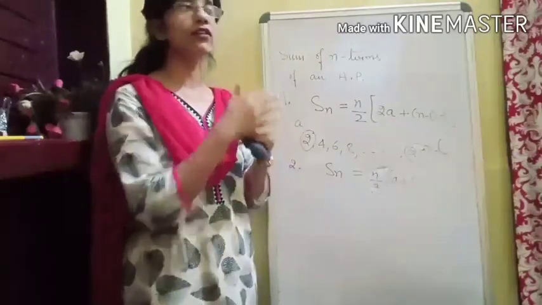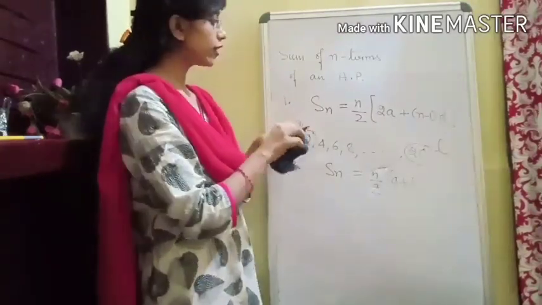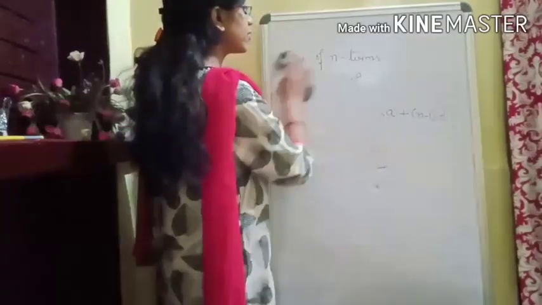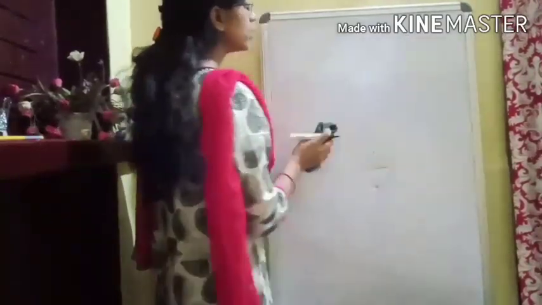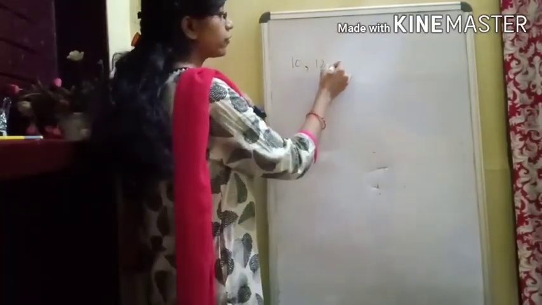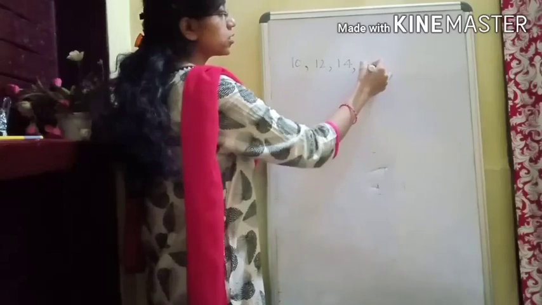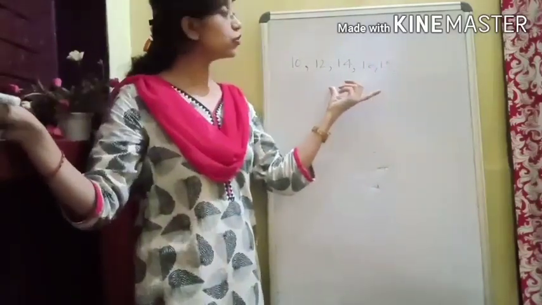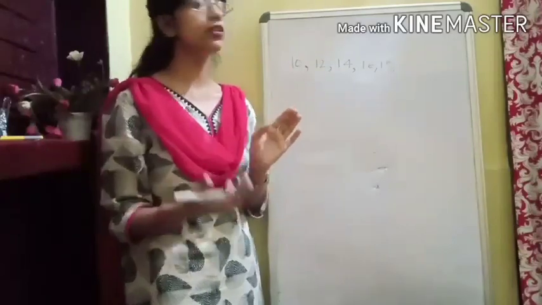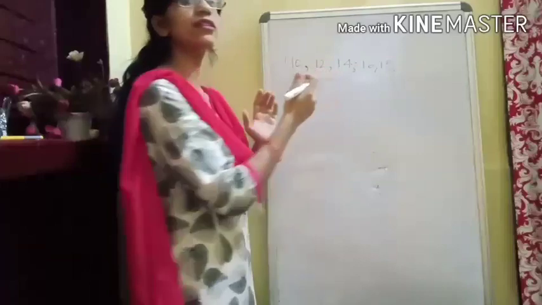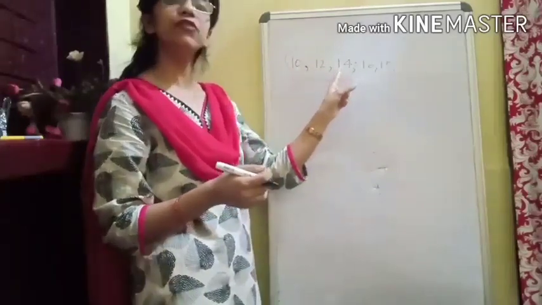I hope you are getting the difference between a term and the sum. Let's say I write an AP: 10, 12, 14, 16, 18. If I ask the sum of the first three terms, we take these three terms and find the sum, that is 10 plus 12 plus 14.